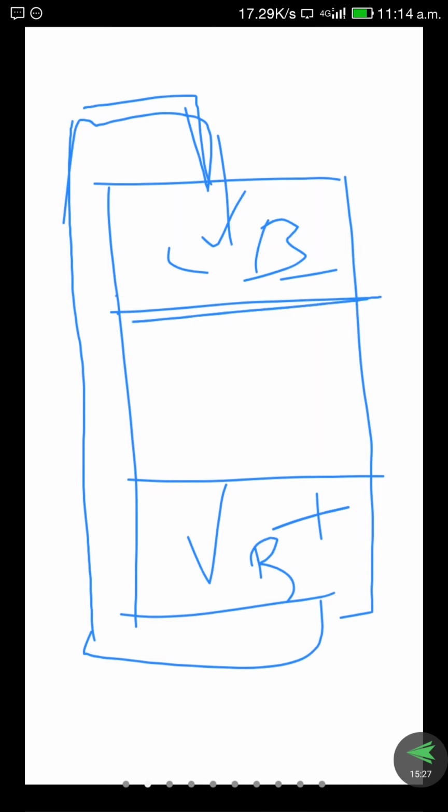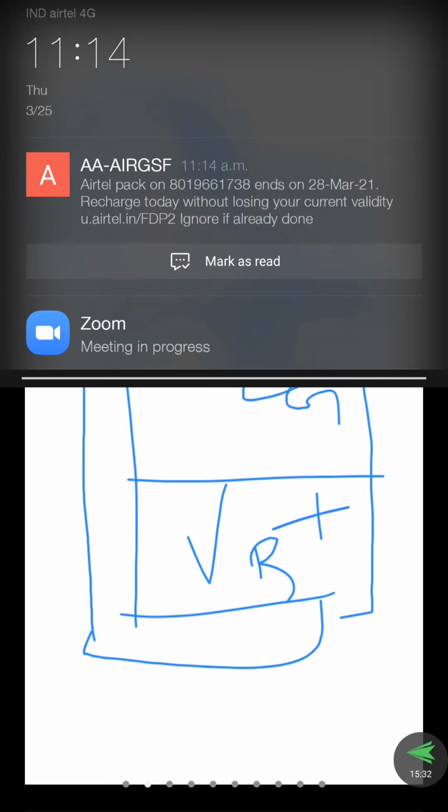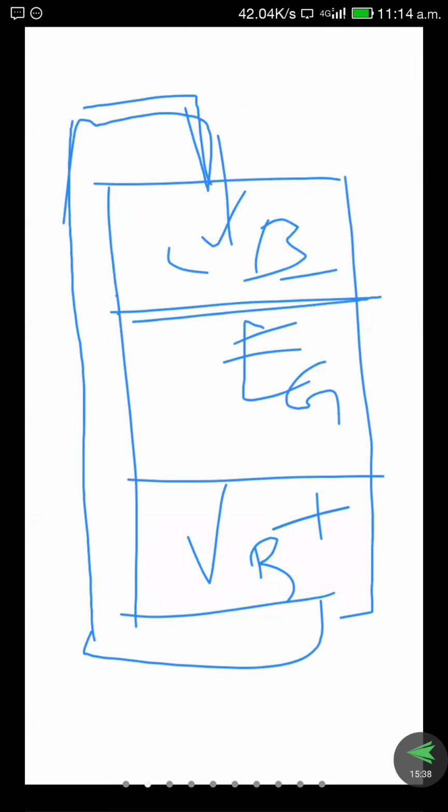If you increase the energy gap, the conductivity between CB and VB decreases.